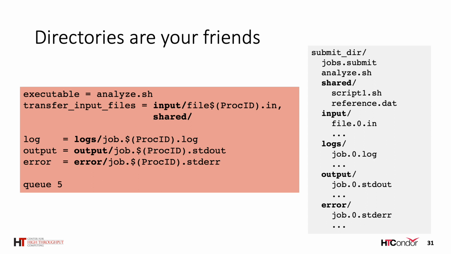And a trick we're showing here is that any files common to all your jobs, you can put into a folder and then tell Condor to transfer the contents of that folder by listing it by name with a slash at the end. This syntax will transfer all the contents of that folder so you don't have to list them out by name if they're needed by all the jobs.